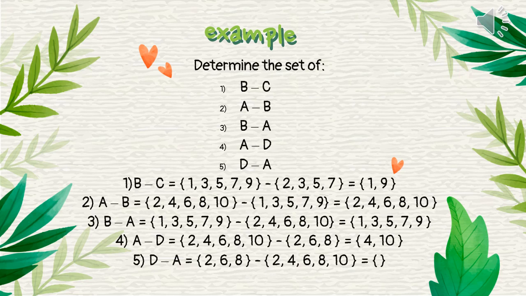The fourth, A − D, is {2, 4, 6, 8, 10} − {2, 6, 8}, which is {4, 10}. And the fifth, D − A, is {2, 6, 8} − {2, 4, 6, 8, 10}, which is empty.